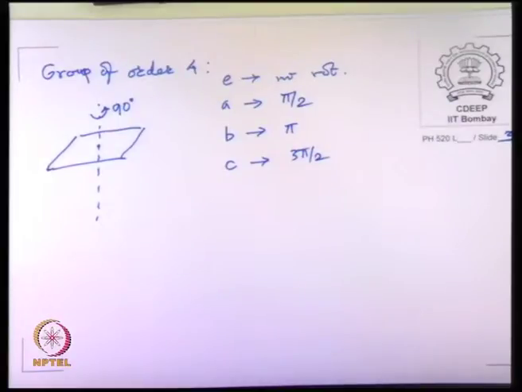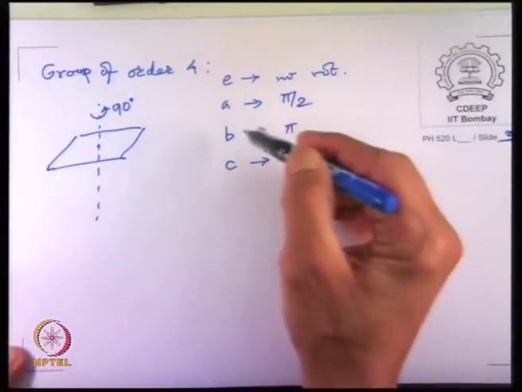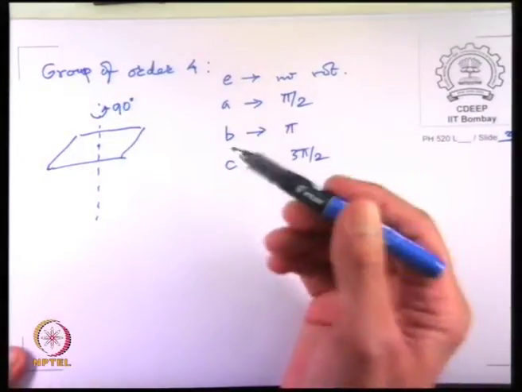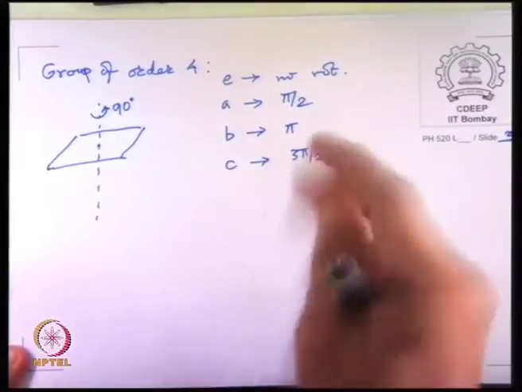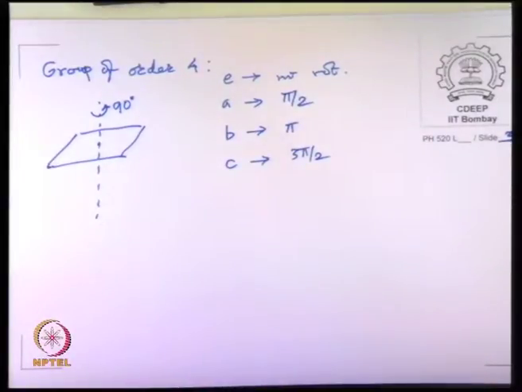So this is a very simple example of a slightly more difficult group. We can see that it satisfies all the group axioms because it is closed, all the operations are closed. You combine any two of them, you reproduce another operation.